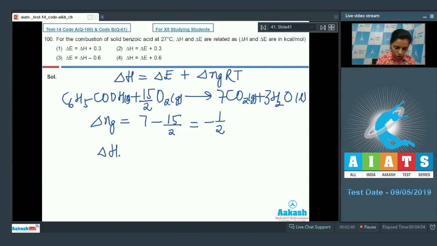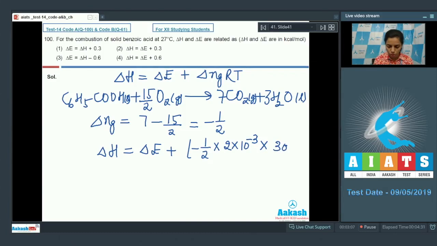So delta H is equal to delta E plus, half into, what's the value of R? R is 2 calorie per mole. If we are taking delta H and delta E in kilocalorie, then R should also be in kilocalorie. That becomes 2 into 10 raised to the power minus 3 into, what's the T value? 27 degrees Celsius, adding 273, becomes 300 Kelvin. Now just solve this.